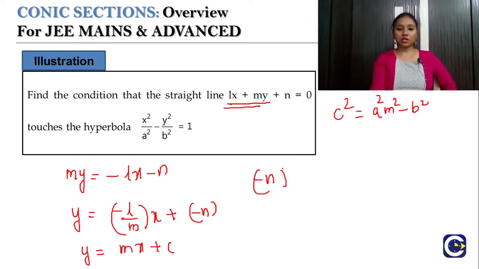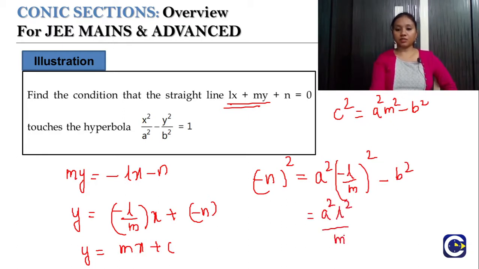So minus n by m whole square is equal to, in place of a square it's the same a square, and in place of m square I am having minus l by m whole square, minus b square. So let's simplify. So a square l square by m square minus b square here, and here it is n square by m square.